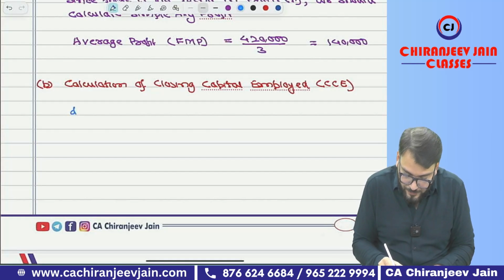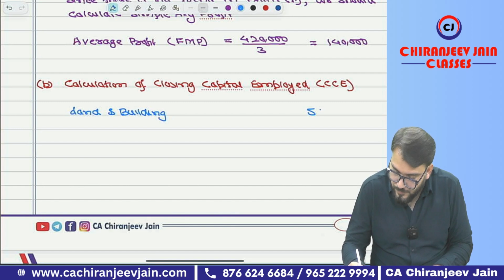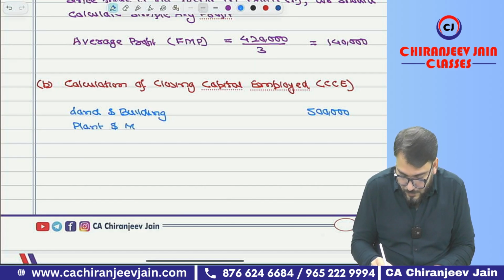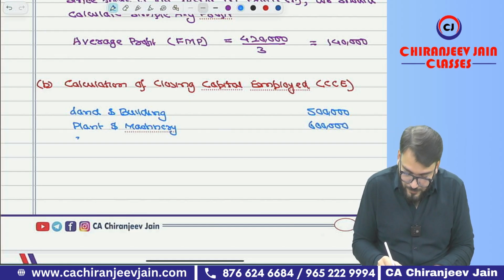We'll take land and building, 5 lakh. Then plant and machinery, 6 lakh. Then we have stock.